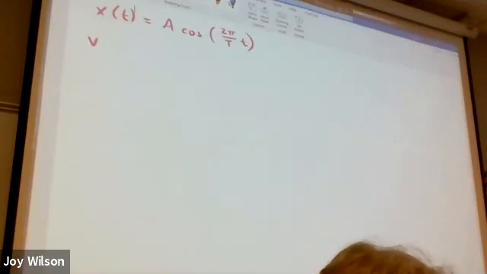So what is our velocity function going to be?